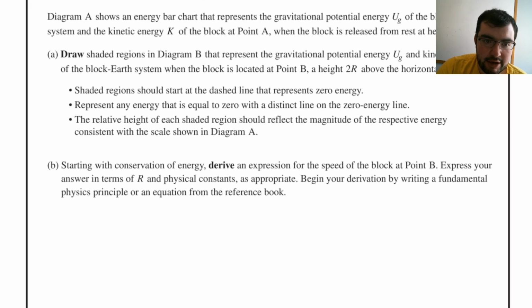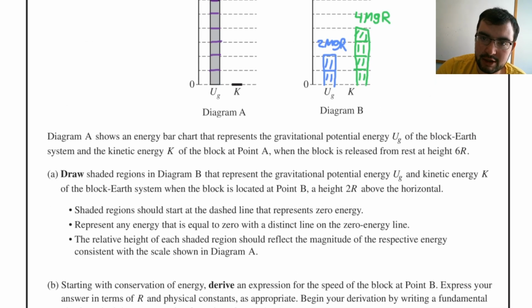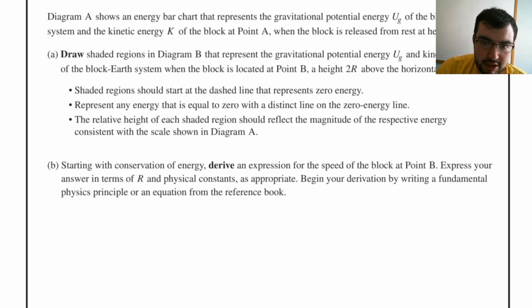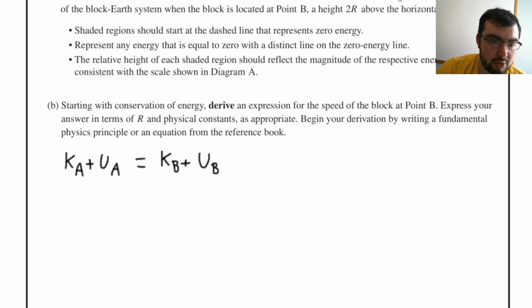All right. Starting with conservation of energy, derive an expression for the speed of the block at point B. Nice. Very classic. So we just want the speed at point B. So we got energy at 2 times. So we're just going to say that kinetic energy at A plus potential energy at A is equal to kinetic energy at B plus gravitational potential energy at B. So we're at rest at point A, and our energy at point A from potential is 6 mgr, because it's mgh, but the height is 6r.